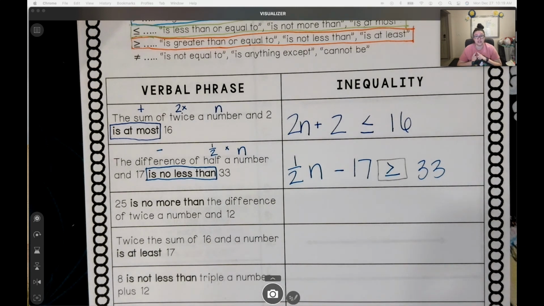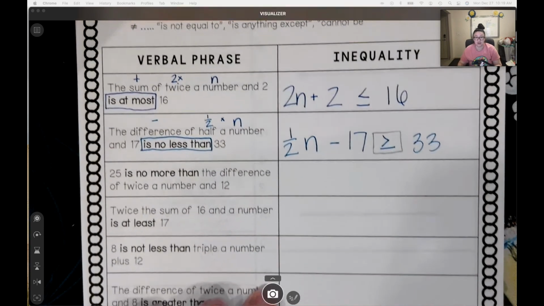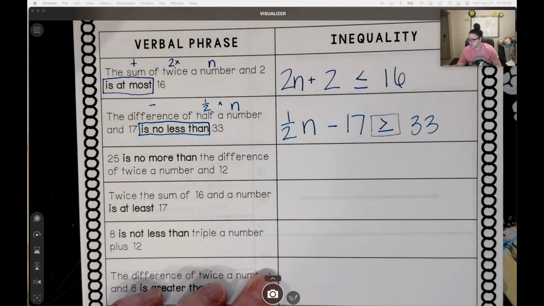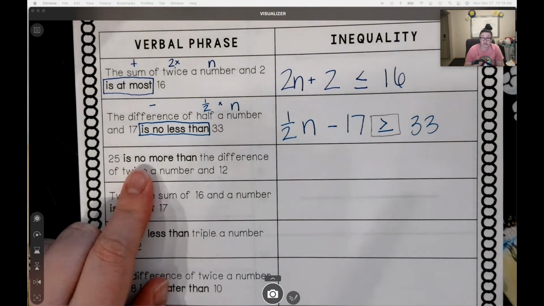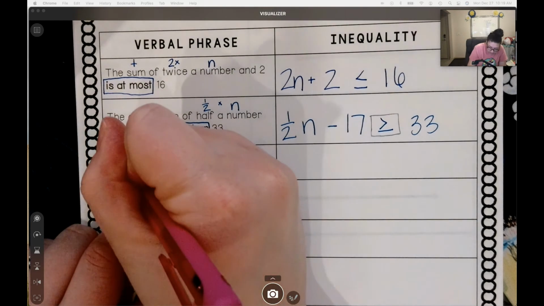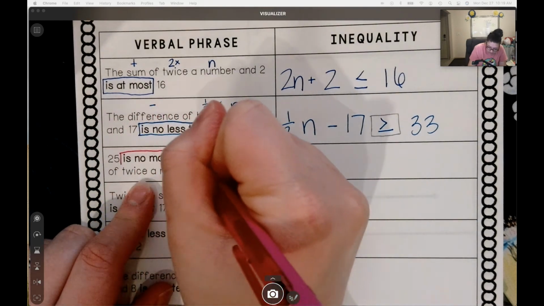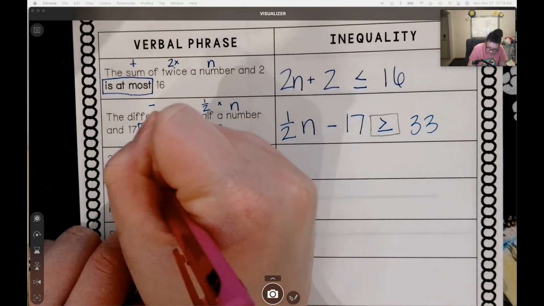We'll try one more together, and then we'll let you go off on your own. All right. Fun pens. So I'm going to box our inequality is no more than.